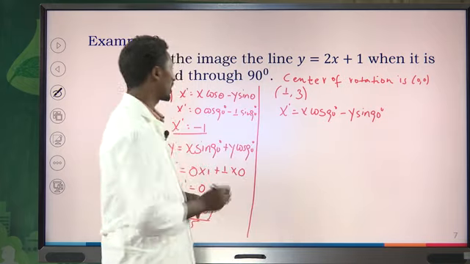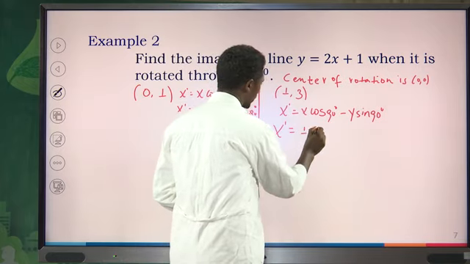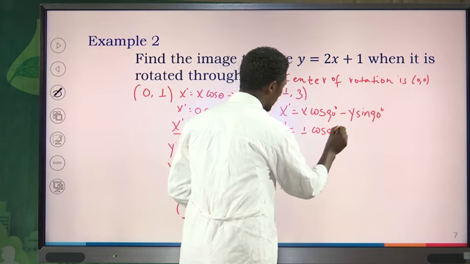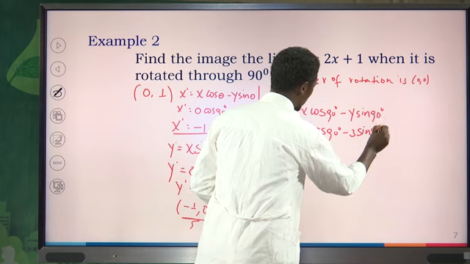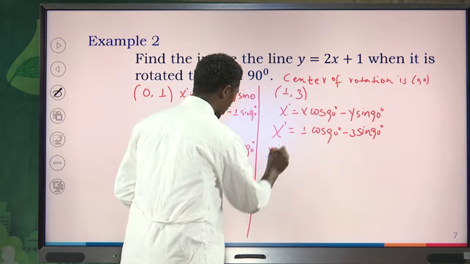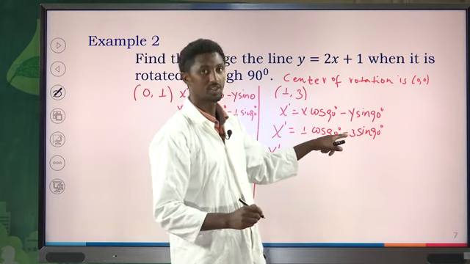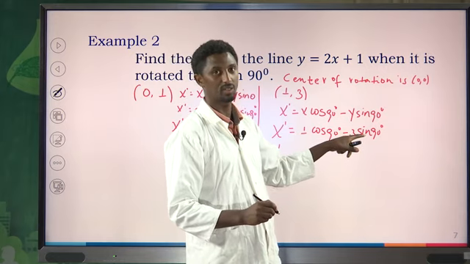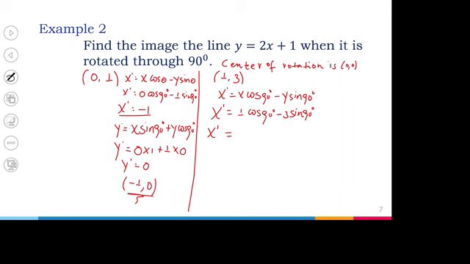We have this formula, so x prime equals 1 times cos 90 degrees minus 3 times sine of 90 degrees. Here cos 90 degrees is 0, and the value of sine 90 is 1. So x prime equals 1 times 0, that's 0, minus 3 times 1, that is minus 3.